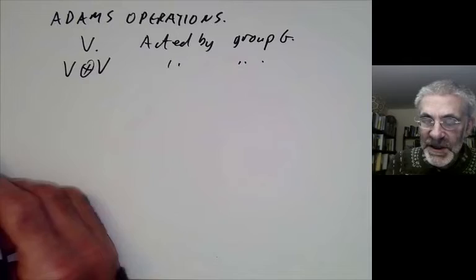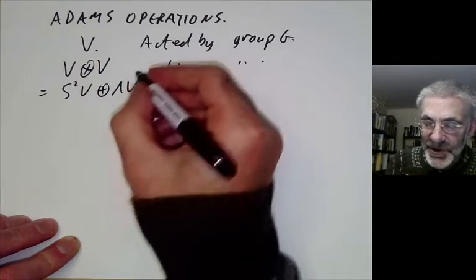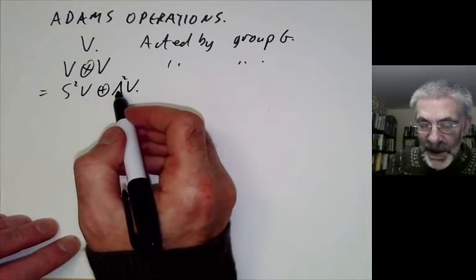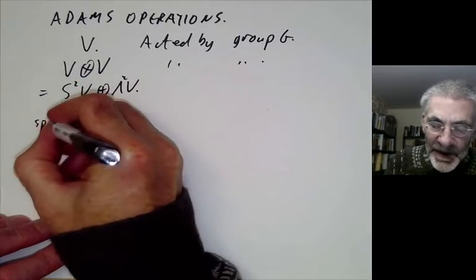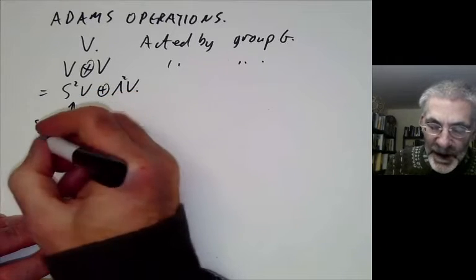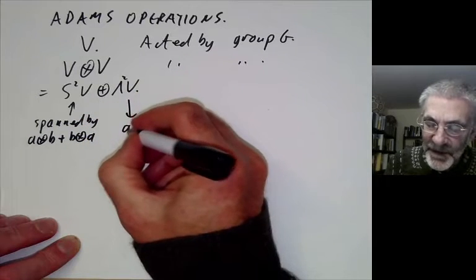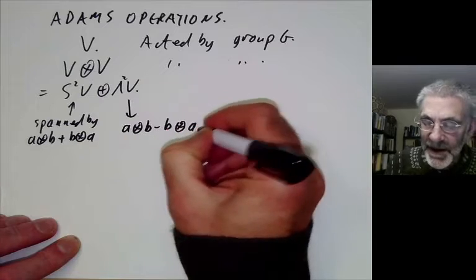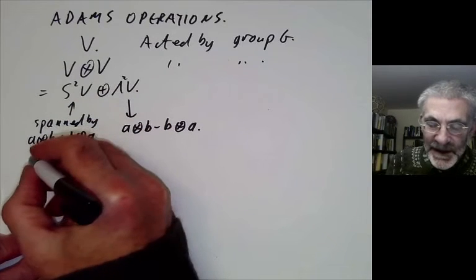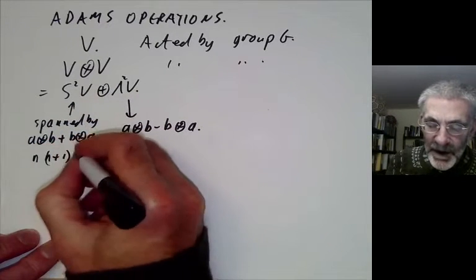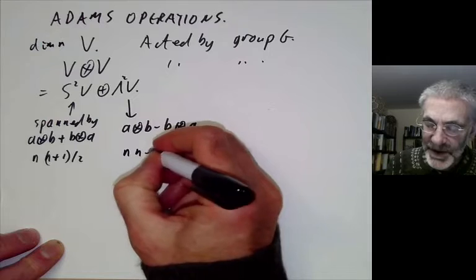However, this tensor product splits as a sum of two vector spaces also acted on by G, which are called the symmetric square and the alternating square of V. And this one here is spanned by things of the form A tensor B plus B tensor A, and this is spanned by things of the form A tensor B minus B tensor A. So you can see that this thing here has dimension n plus 1 over 2 if the dimension of V is n, and this is dimension n minus 1 over 2.